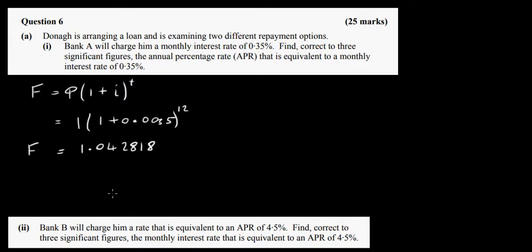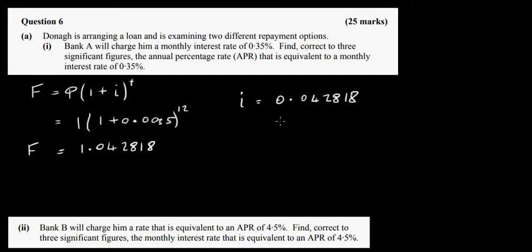That means, so this is our final value. We've borrowed €1, and at the end of 12 months at 0.35% monthly rate, we find that we now owe €1.042818. So that means the I in this particular case, or the interest rate, is 0.042818.